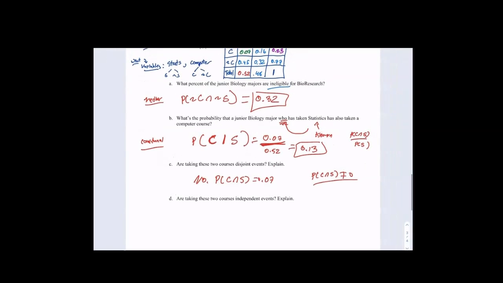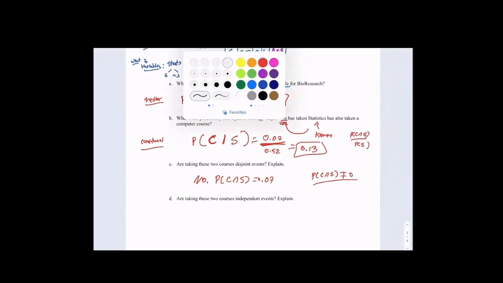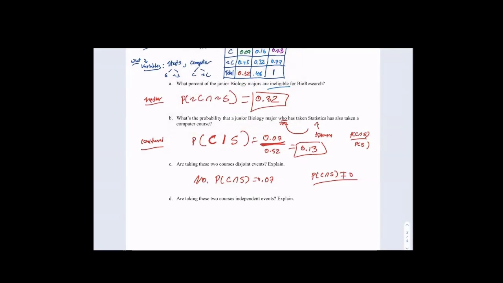Are they independent? We're going to use the information they've already given me. We already know that the probability of C given S is 0.13. What's the probability of C?